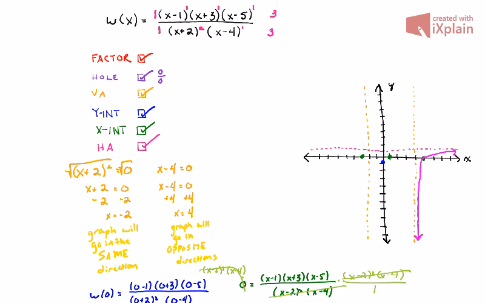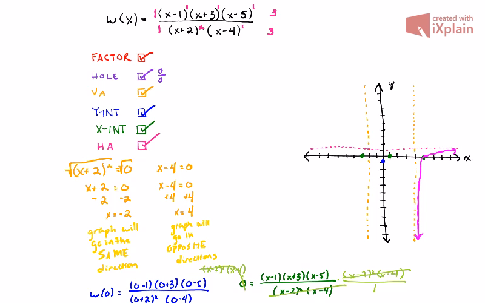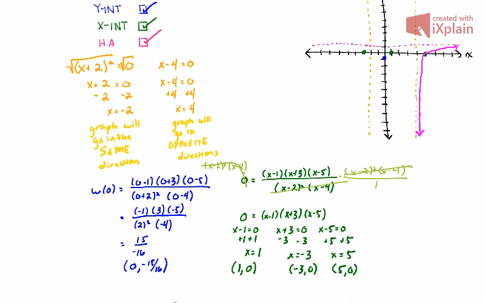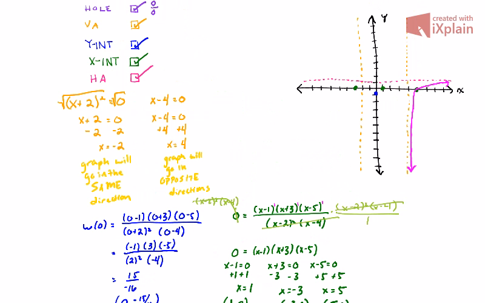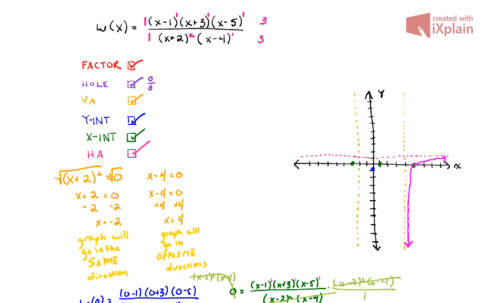And again, I know this because, let me skip down here, we had noted that all of the degrees for our binomial factors here were 1. So that means that each time we are going to cut through them. We're not going to bounce or slither, as we discussed in class.